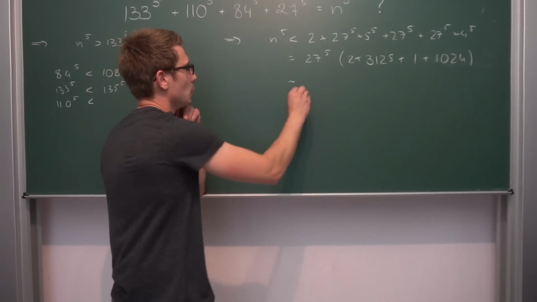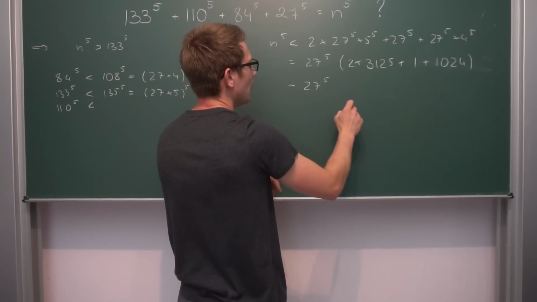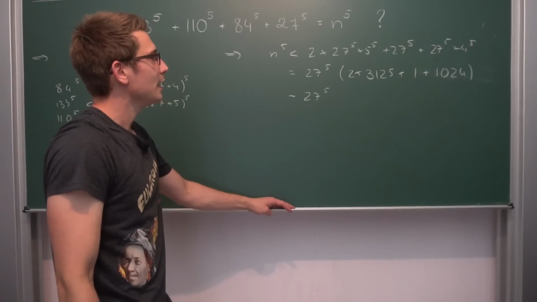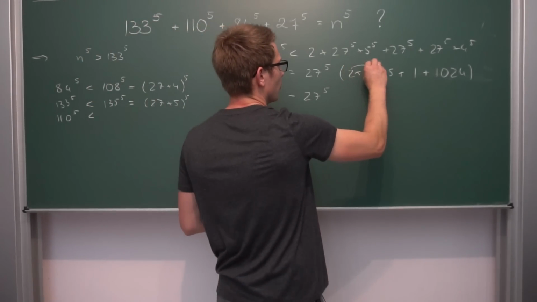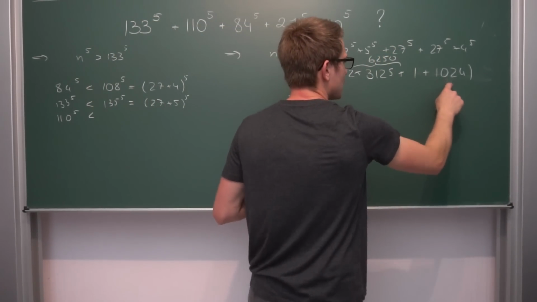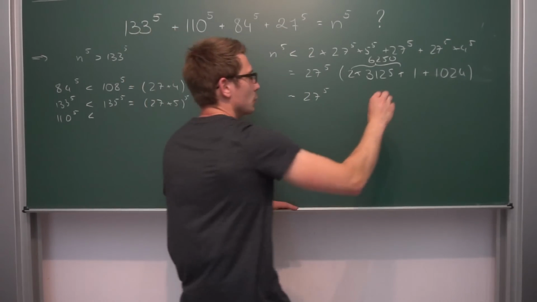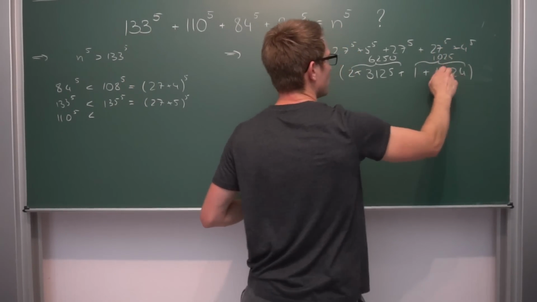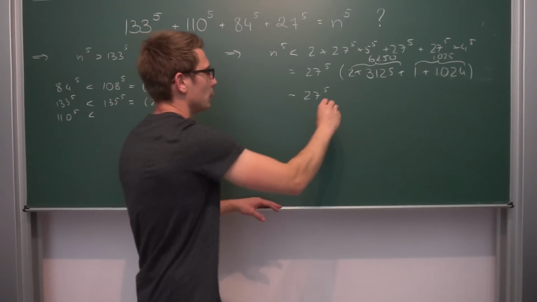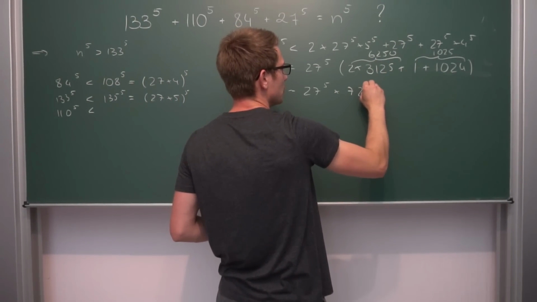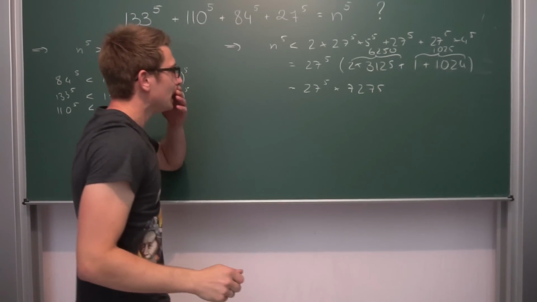Meaning our upper bound at the moment is 27 to the 5th power times something. Now 2 times 3125 is going to give us overall 6,250, and 1 plus 1024 is going to give us 1025. So if we add those two together, we are going to get 7,275.